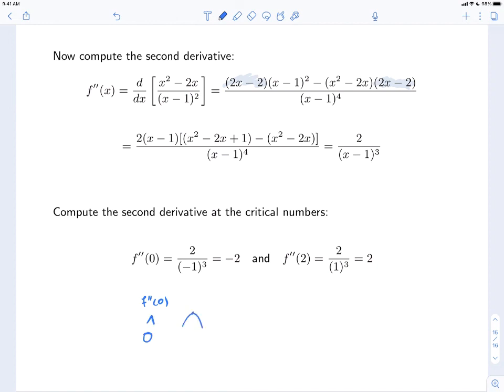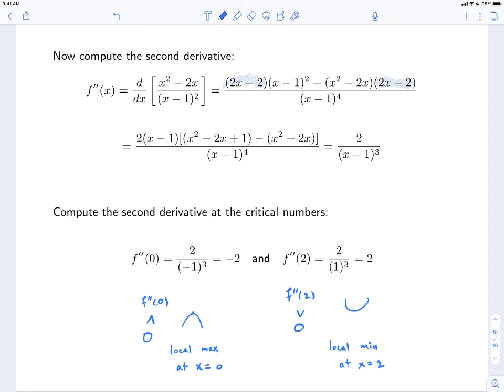So that tells us we have a local max at x equals 0. And f double prime at 2 is just equal to 2, so in particular it's positive. f double prime at 2 is greater than 0, so we have a concave up shape, so that means we have a local minimum at x equals 2.